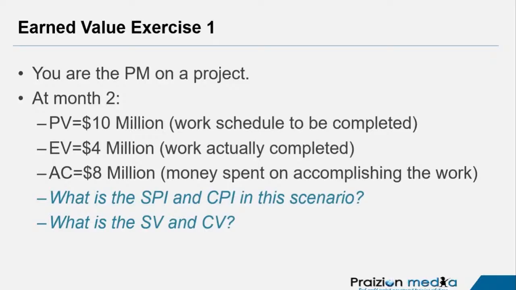So let's see, I got a 0.4 for SPI. Oh, just one chat? Just one chat? A 0.5 for CPI. That's correct.